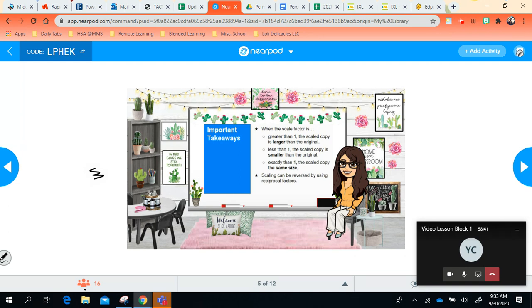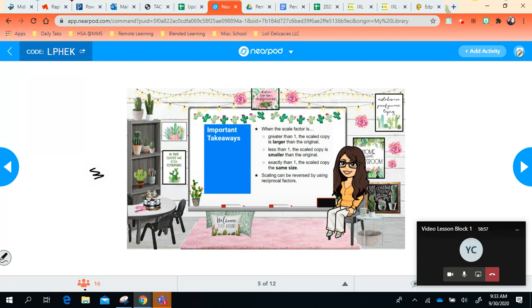But if it was less than 1, the scale copy is smaller than the original. So you may have also noticed that when it was 1/2, the base was smaller. The height was smaller. So that meant that the area was smaller.